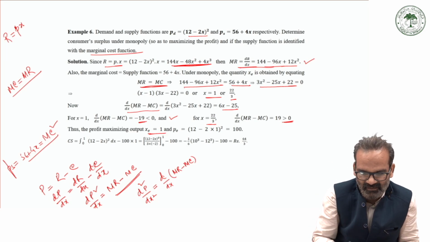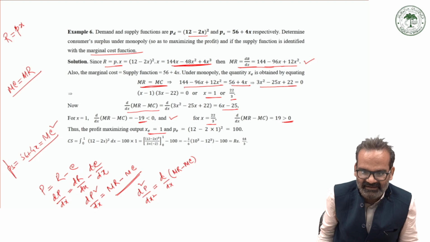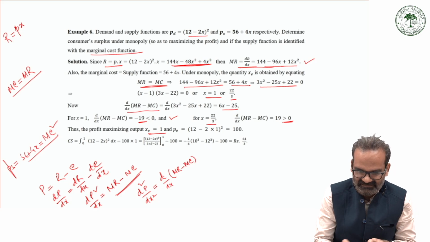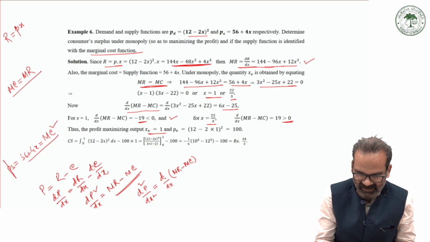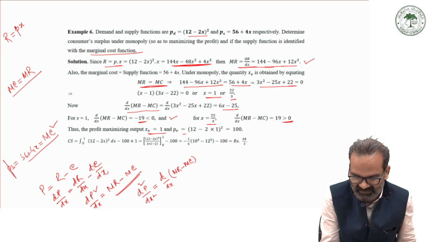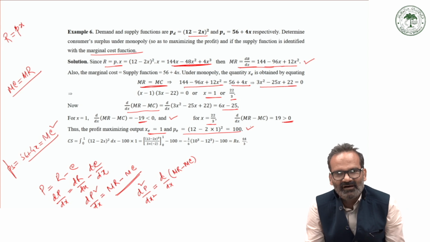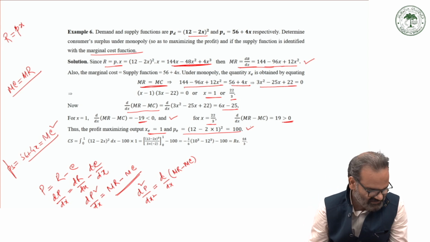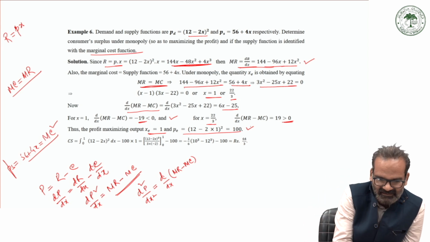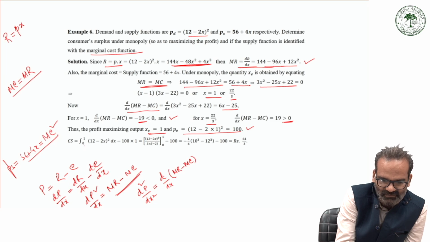Now put this value of xe in PE to get the price. The price you will get is rupees 100. And then you can use the formula to determine the consumer's surplus, right? The consumer surplus is given by the integral from 0 to 4 of (12 minus 2x) whole square.